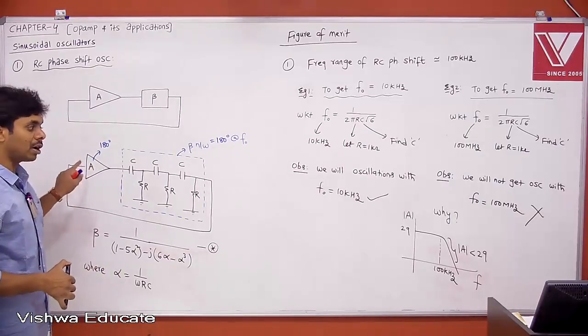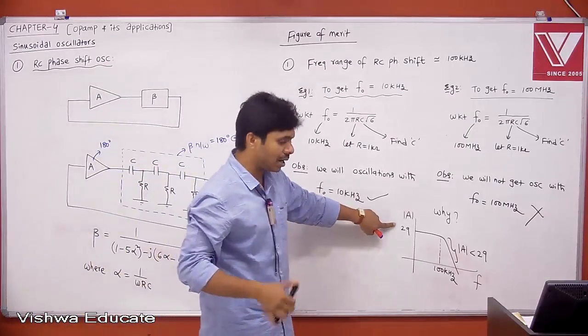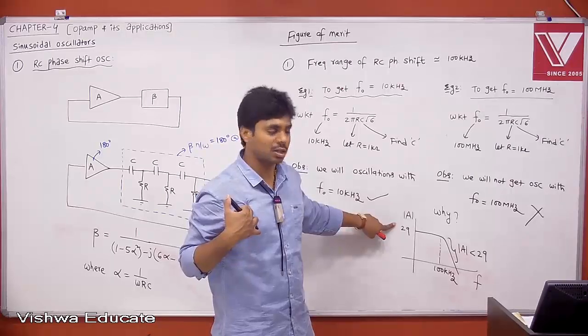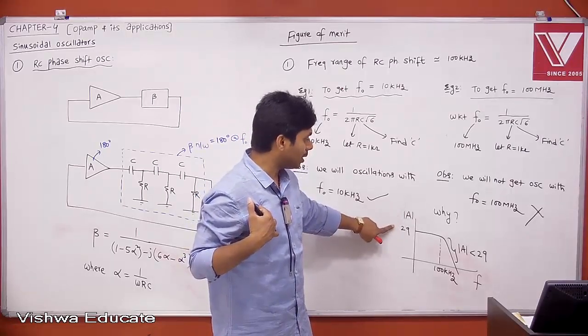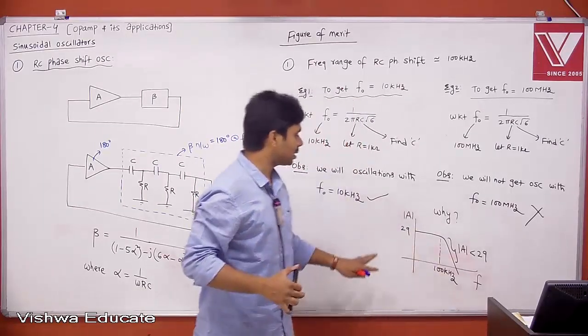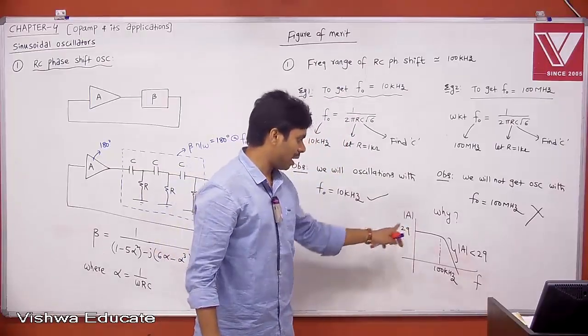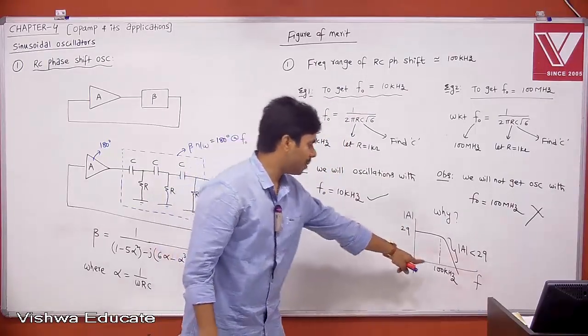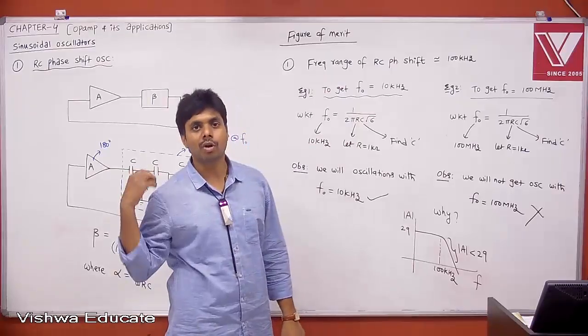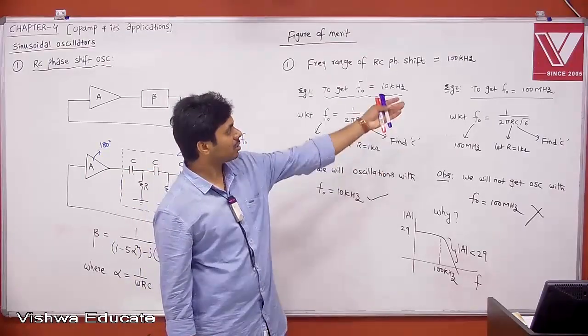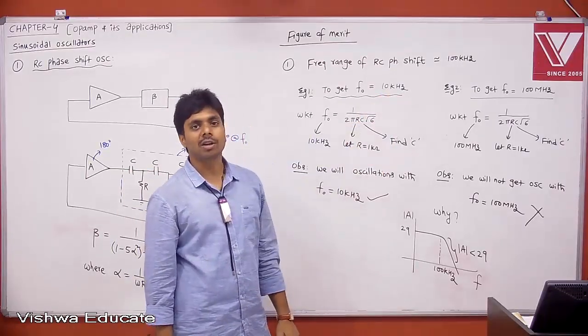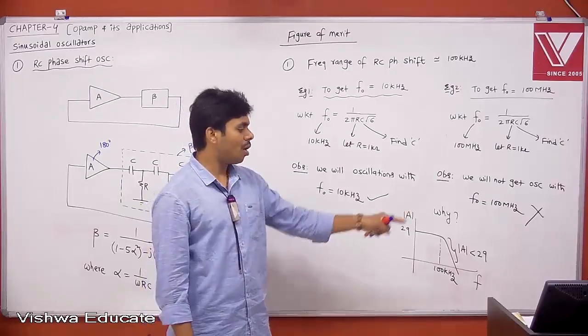Your open loop amplifier cannot give gain 29, which is my requirement to get sustained oscillations, above 100 kilohertz. Taking the Bode plot, my bandwidth is 100 kilohertz for the open loop amplifier. Now I want oscillations at 100 megahertz, and I cannot get them.